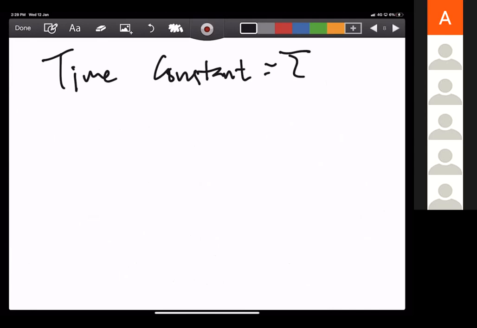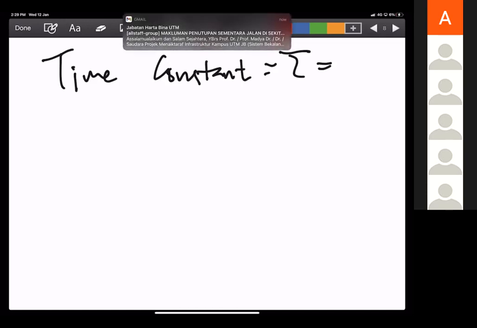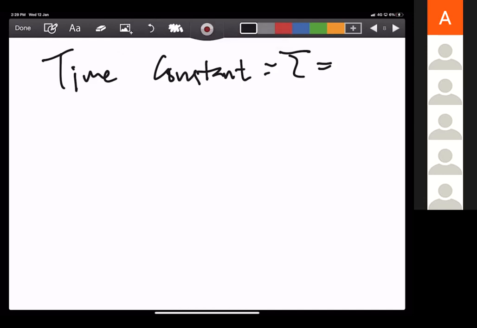Definition: the time taken for the output to reach 63% of the final value. In this case, tau is equal to RC.